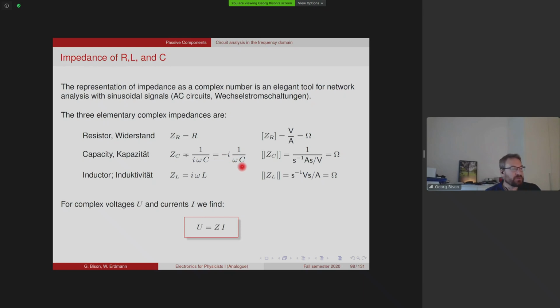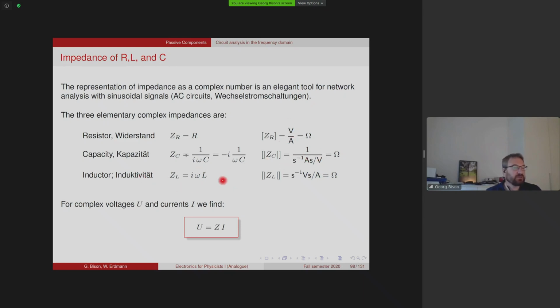Now, what about units? The capacitance is ampere seconds per volt. And this we multiply with inverse seconds. So this is amperes per volt in the denominator, so volt per ampere, same as ohm. So this complex impedance, if we build the norm, has the same units as the normal resistance.